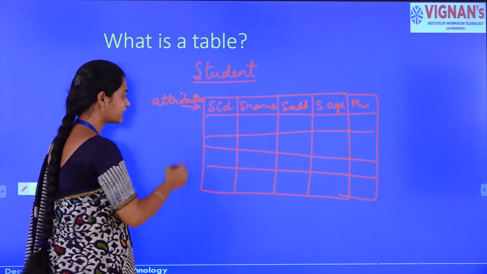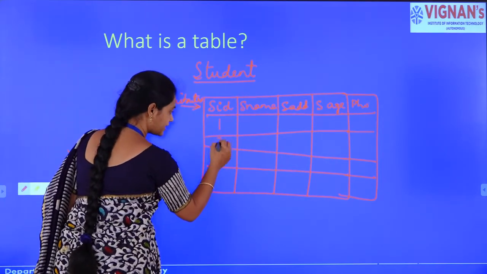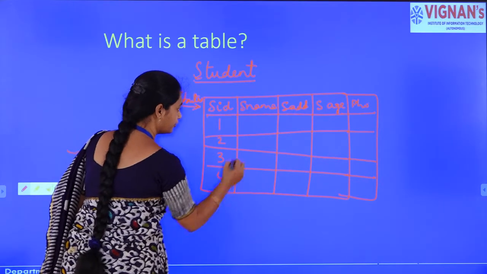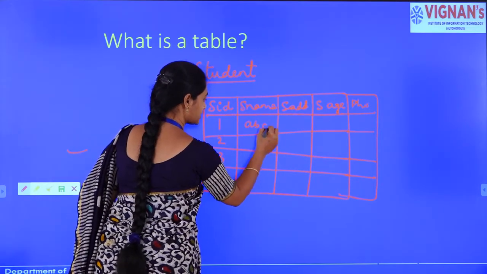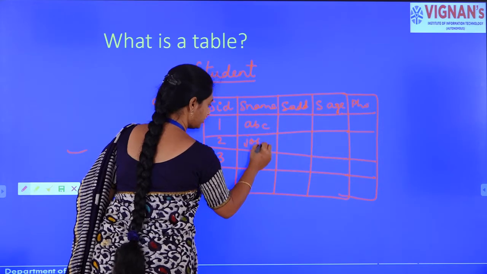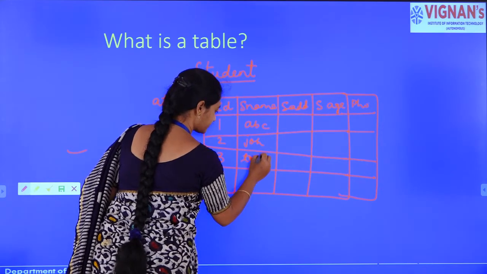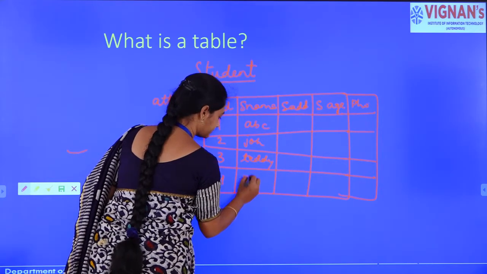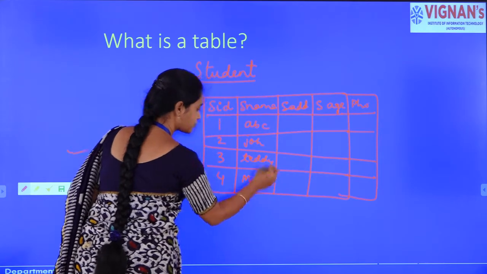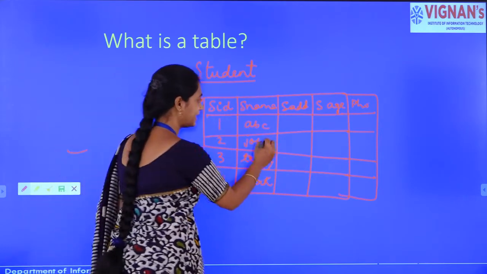And what is the degree here? So I will give you all the examples: 1, 2, 3, 4. So I will mention ABC. We have John, Teddy, Mark. So we have 4 students: ABC, John, Teddy and Mark.